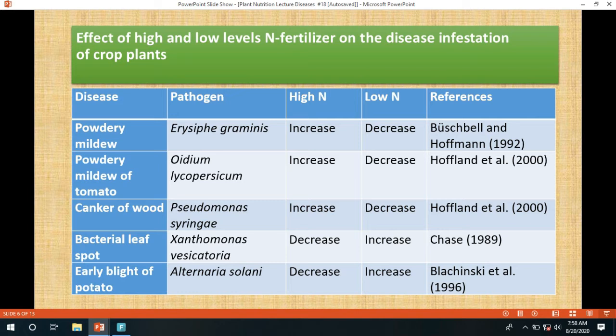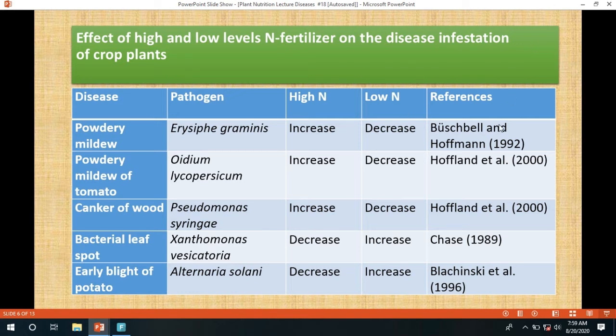Now the effect of high and low levels of nitrogen fertilizer on the disease infestation of crop plants. At first, powdery mildew, the pathogen is Erysiphe graminis. A high level of nitrogen increases this infestation, and a low level of nitrogen decreases the infestation.